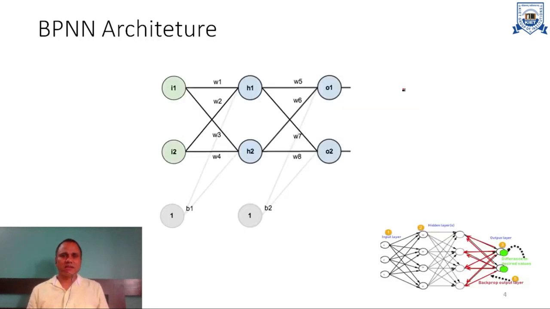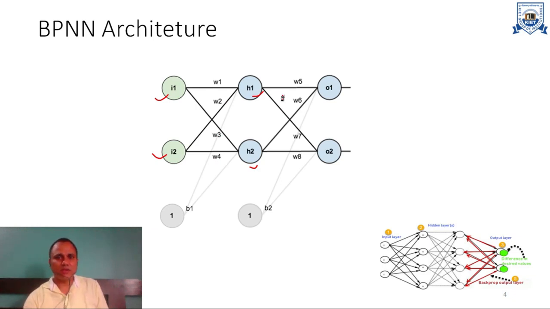This is the BPNN architecture. In this architecture we have two input nodes, I1 and I2, and one hidden layer which contains two hidden nodes, H1 and H2. The input nodes have associated weights, W1, W2, W3 and W4.